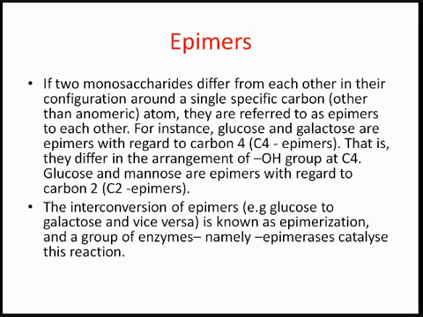That is, if two monosaccharides differ around a specific carbon, where the orientation of H and OH is different in only one carbon, then those two monosaccharides are referred to as epimers to each other.